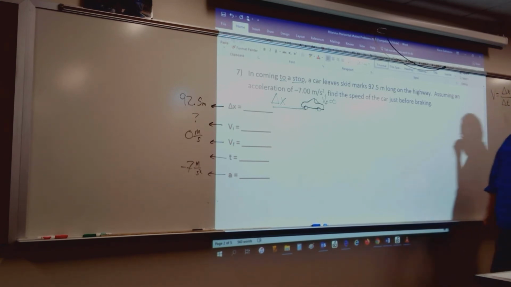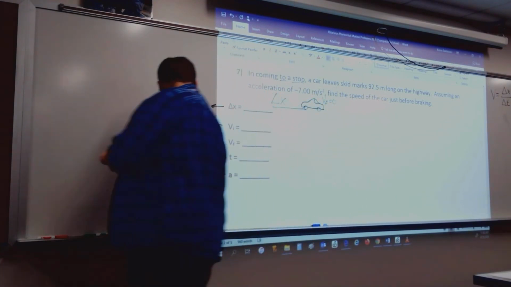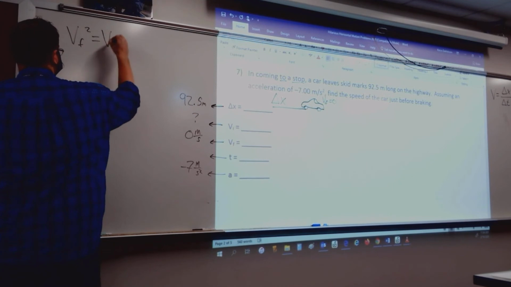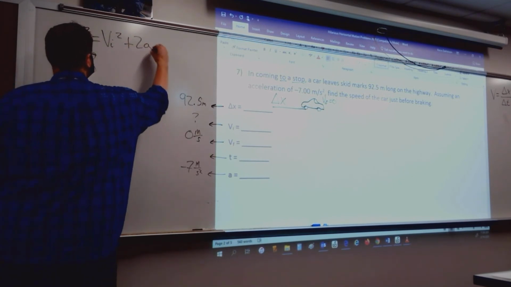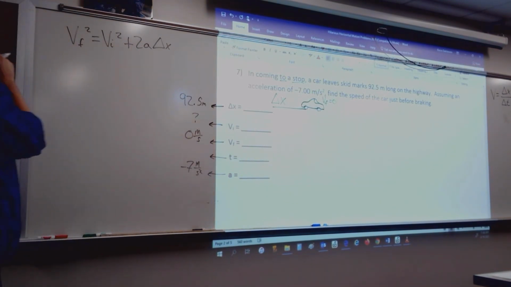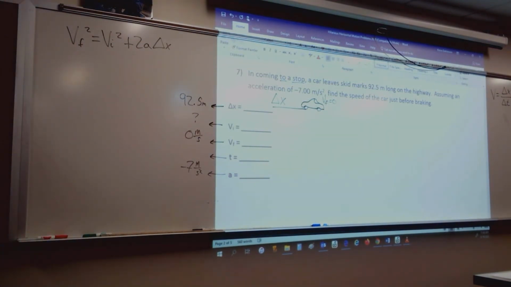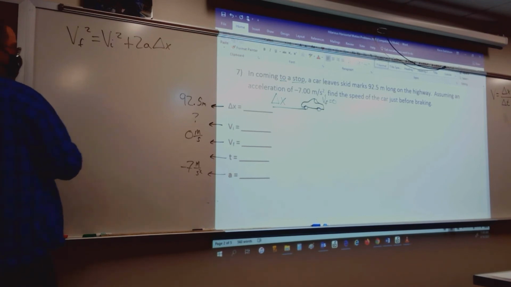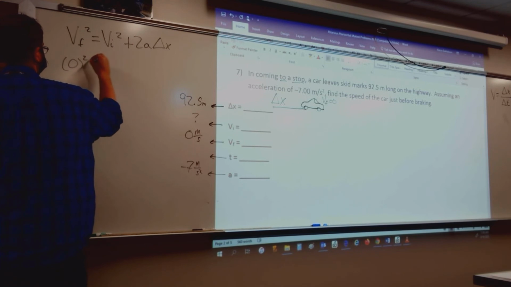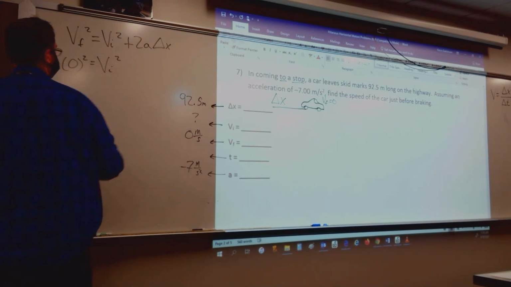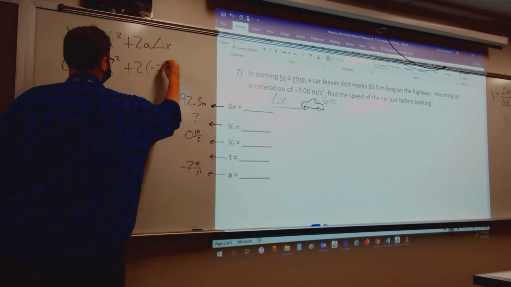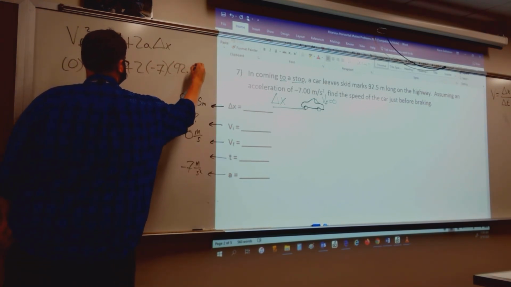So, yep, we're going to use our fourth equation. VF squared equals VI squared plus 2A delta X. So we're trying to figure out how fast the car was going the moment it started to brake. So final velocity is 0, equals VI squared, which we don't know, plus 2 times negative 7 times 92.5.